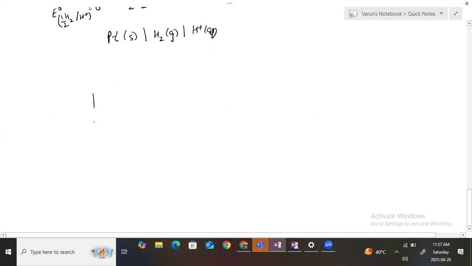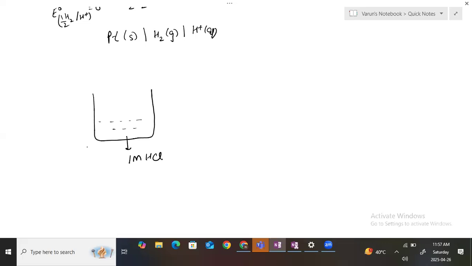What happens is this. We took a beaker. In this beaker, we took electrolyte that is 1 molar HCl. Got it? We took one glass tube in which we place a platinum wire.